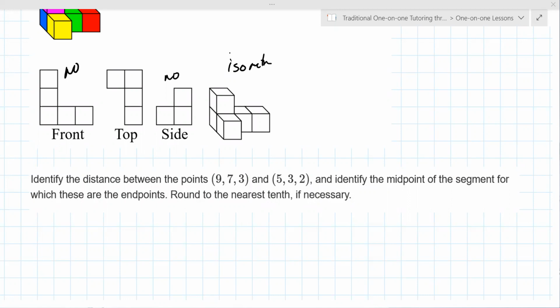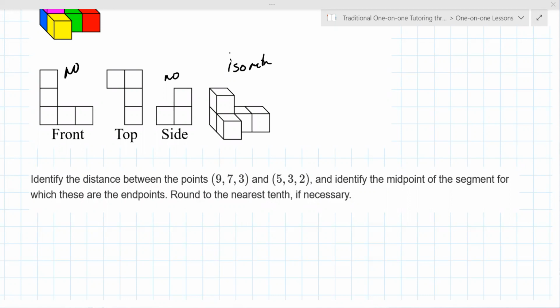So give me the distance between them. Okay, I get 5.7. Okay, great.